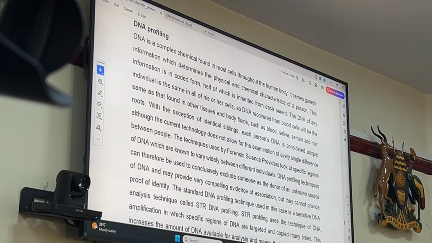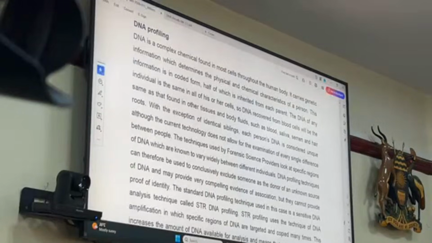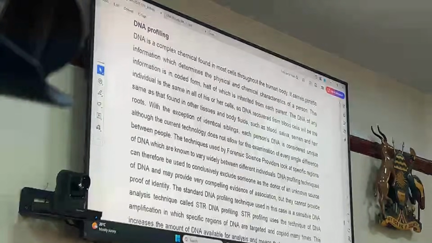So the DNA profiling process is a series of stages. The first stage is to remove the DNA from the sample. The next stage is to measure how much DNA is present in the sample. The next stage is where we copy the DNA. That's known as amplification.